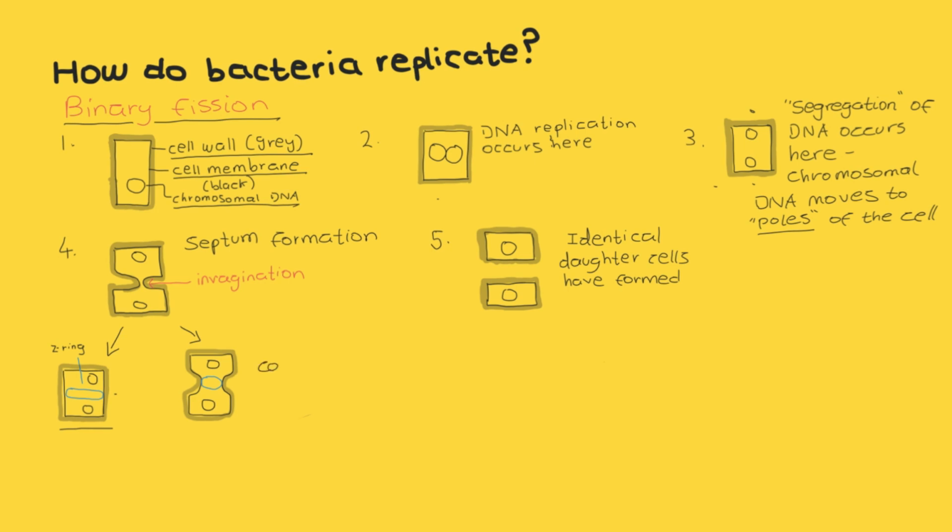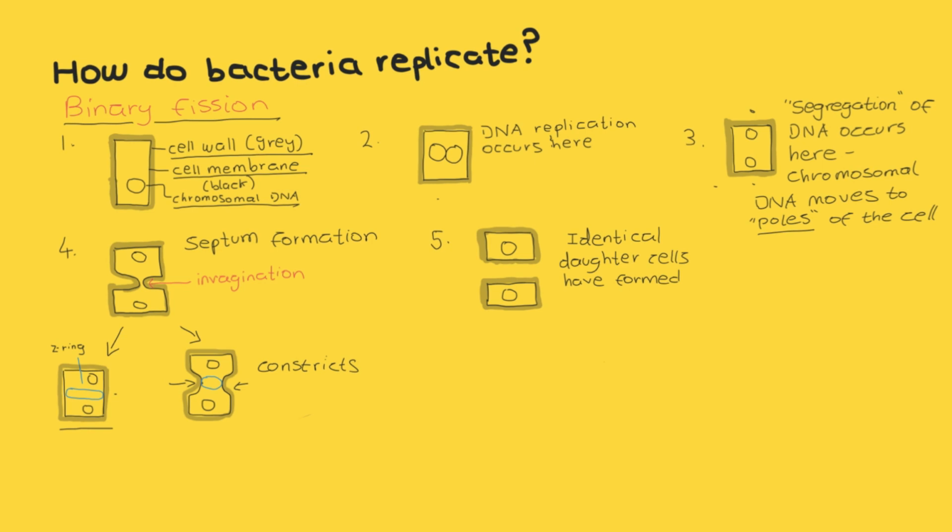It constricts, much like a snake. It constricts, and since it's attached to the cell membrane and the cell wall, it brings the cell wall and the cell membrane closer together. So the Z ring is the reason why invagination occurs.